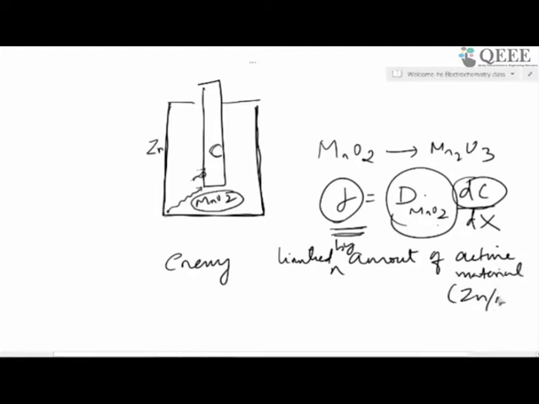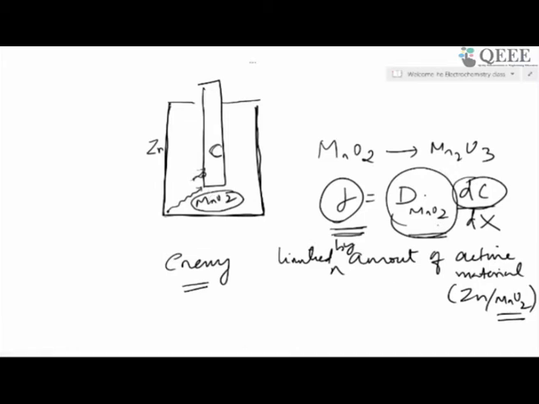So if you have 1 mole of MnO2, then you will get the energy proportional to that 1 mole only. You will not get extra energy just by heating. That means the battery will not get charged by heating. In the case of a primary battery, it is not charging, it is simply the movement of the species which is enhanced, thereby you are having more MnO2 around your electrode, which is giving you the discharge, okay.